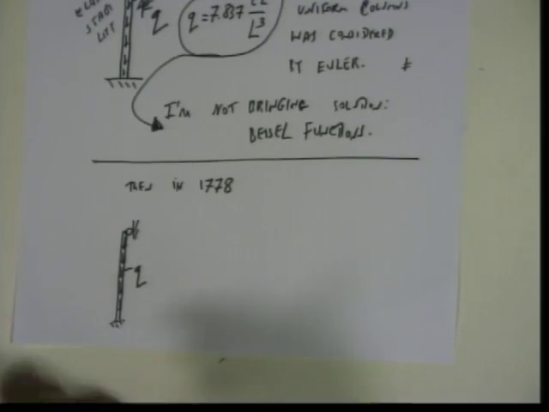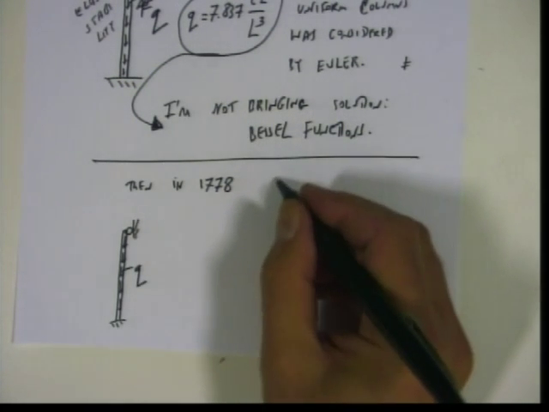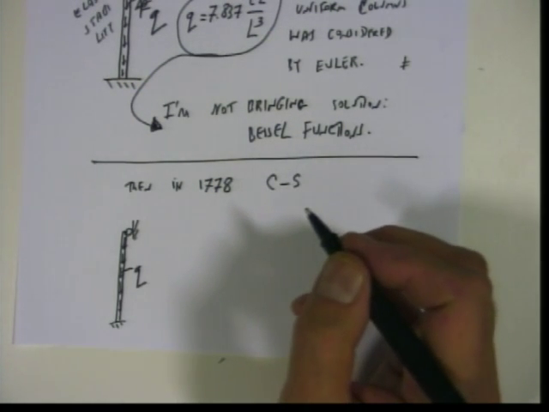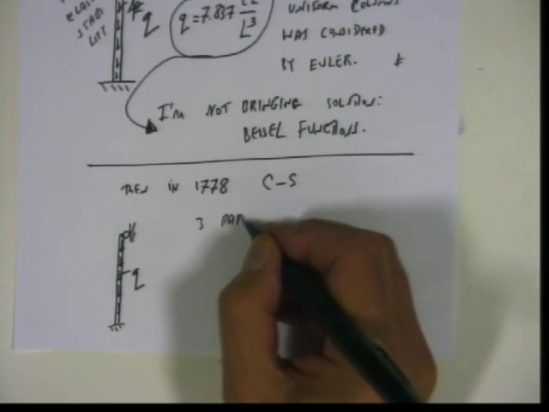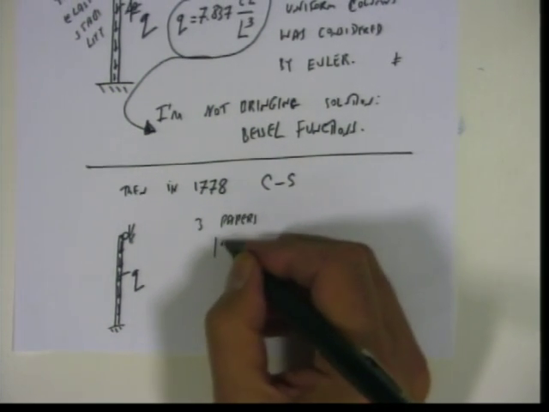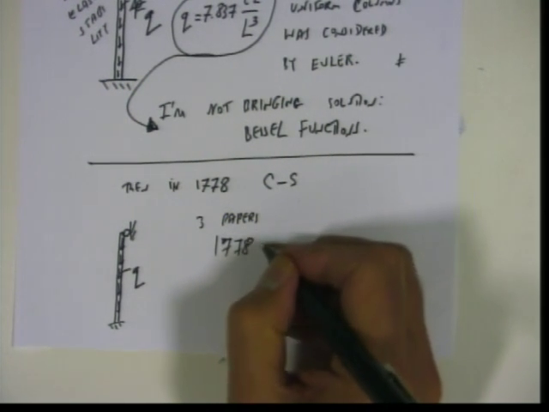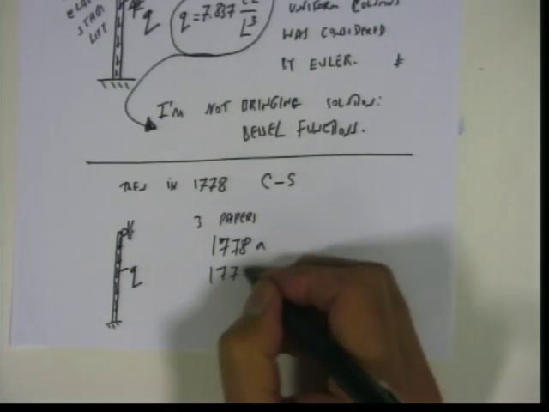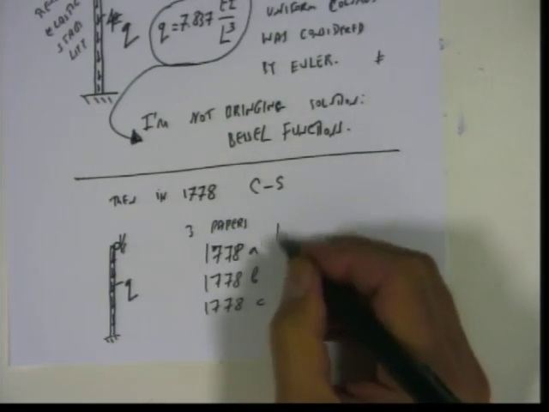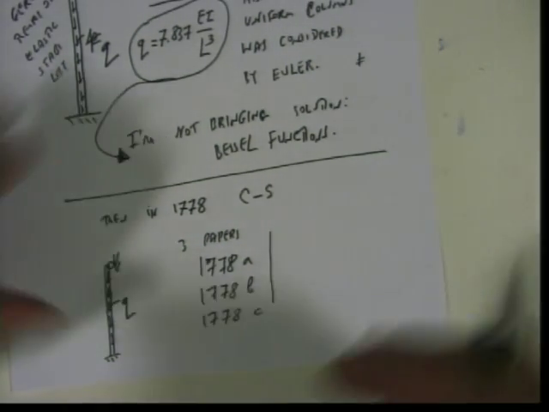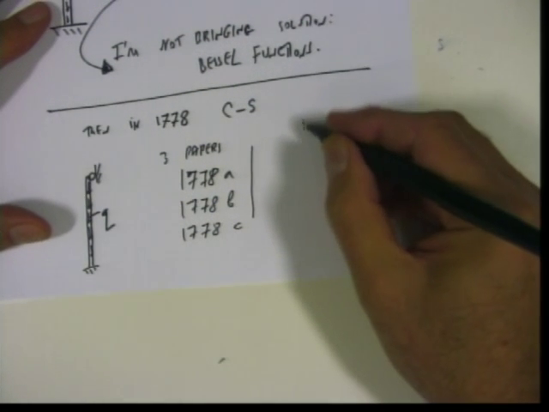Then in 1778, Euler considered clamped simply supported column. Now he published 3 papers. 1778A, 1778B, 1778C. All in the proceedings of the Petrograd Academy of Sciences.